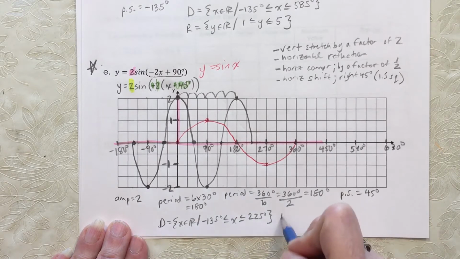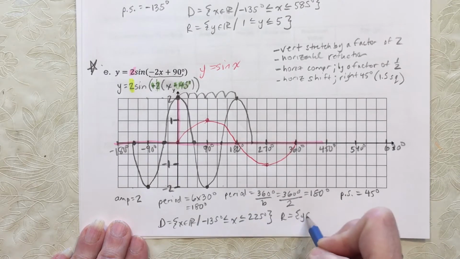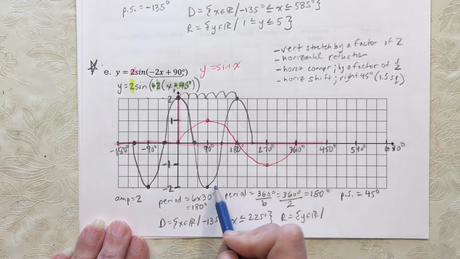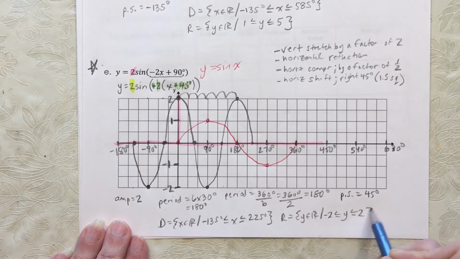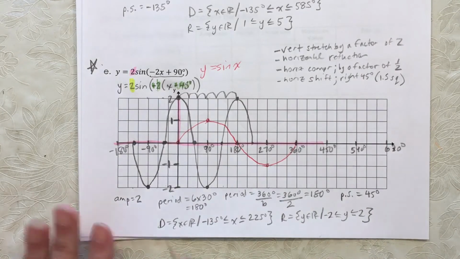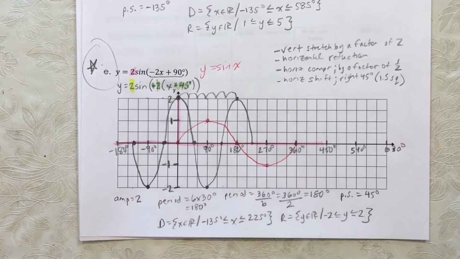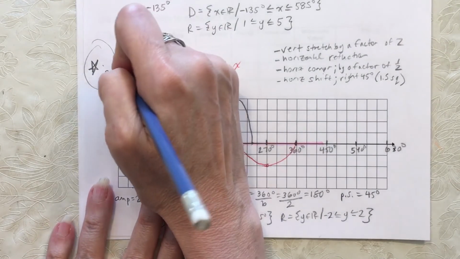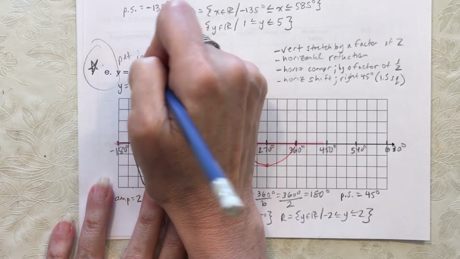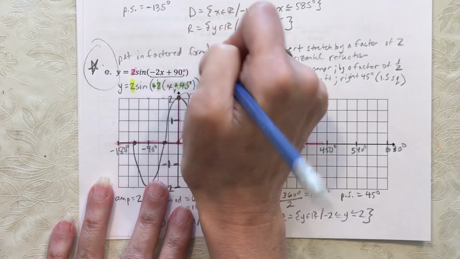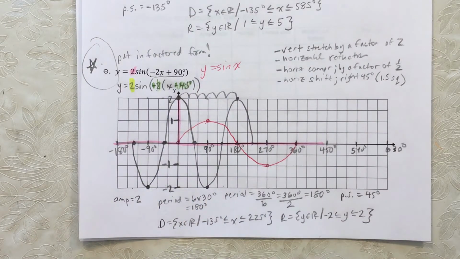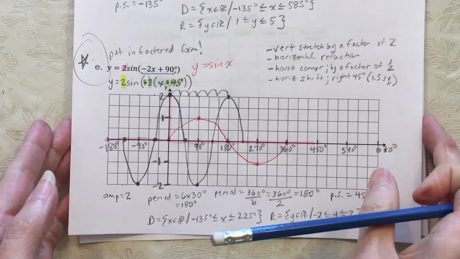And the range, all real numbers y, as long as the lowest we get is negative 2 and the highest is positive 2. Okay, and again, I started that one because you had to put it in factored form in order to get the correct phase shift and thus the correct graph. Okay? All right.